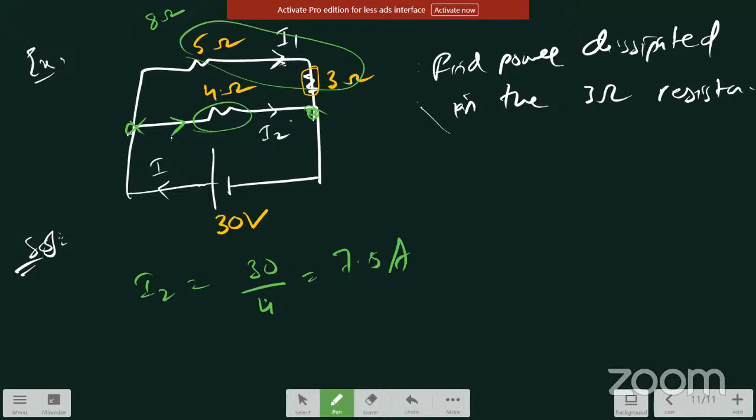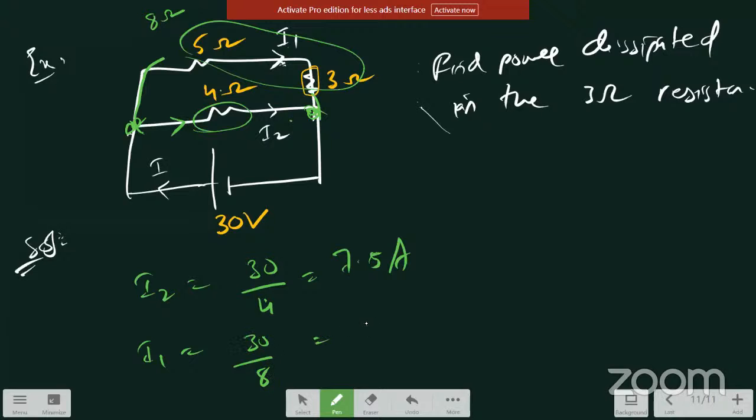Right? Next. So what I have to do next? Similarly, I have to find I1. What is this branch resistance? It is 8. And what is the potential difference across this branch? The potential difference is the same, again 30.